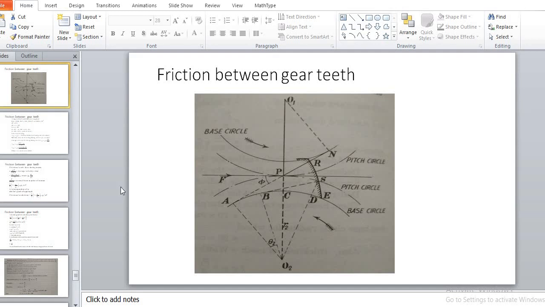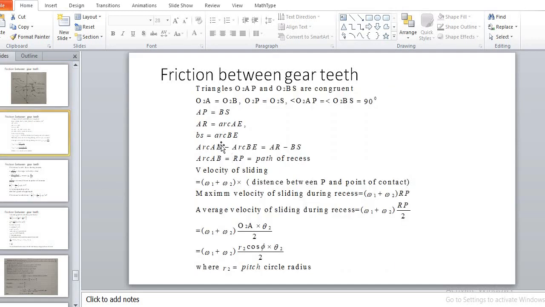With this consideration, arc AE minus arc BE is equal to AR minus BS, since arc AE is nothing but AR and arc BE is nothing but BS.